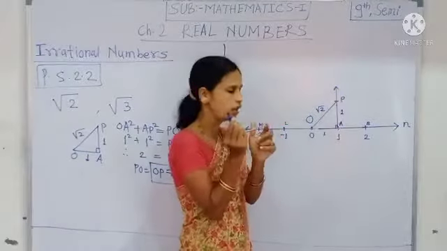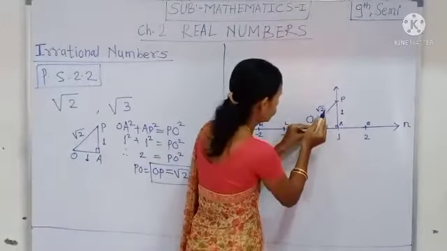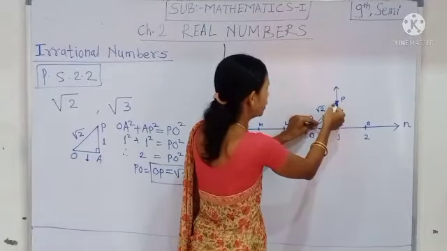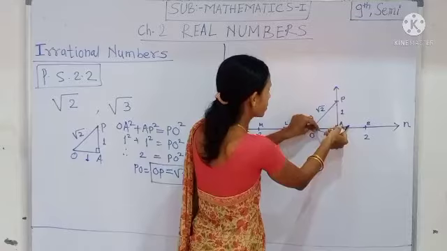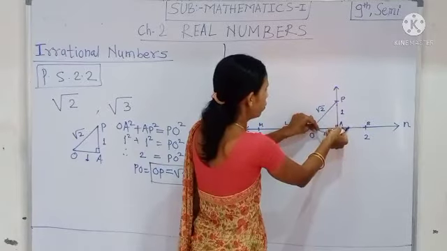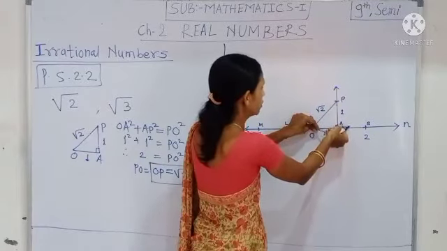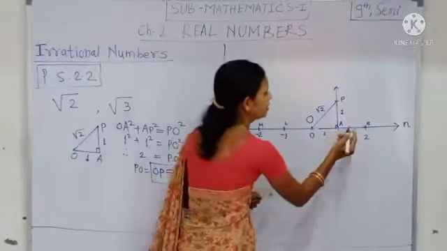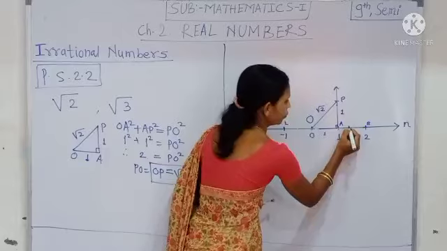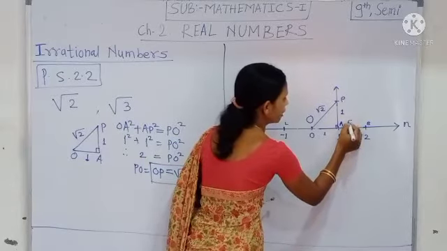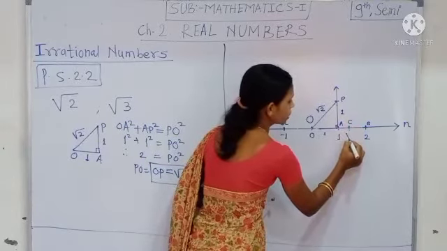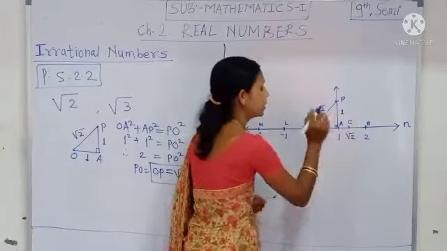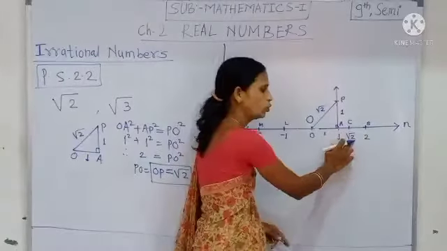Putting the needle on point O and taking the distance equal to OP, we mark it on the number line between points A and B. That point is labeled as point C, to which the coordinate root 2 is related.